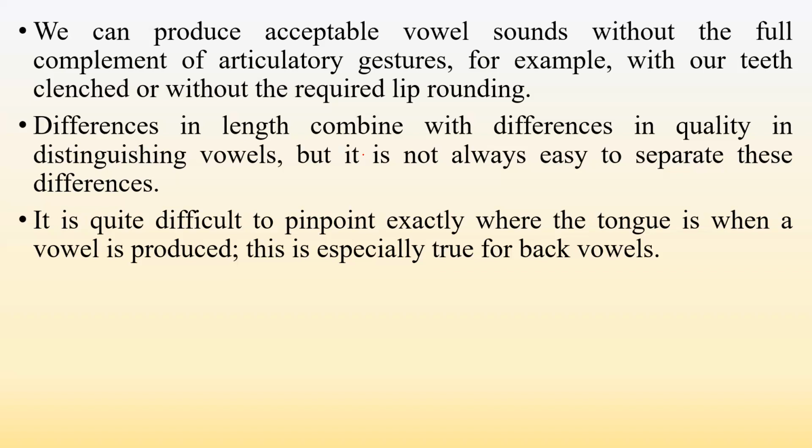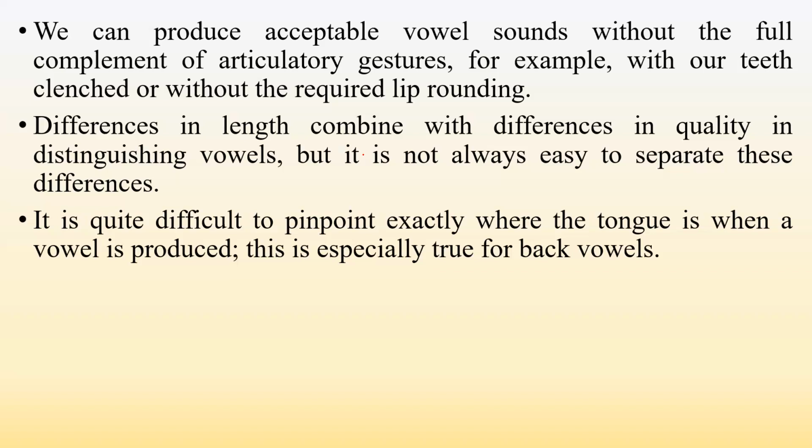Still, the differences between these tense and lax categories are not that easy to recognize. Not only the length, the quality also differs among the vowel sounds. So these are not as easy as consonant differences.